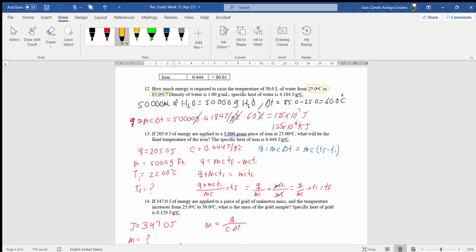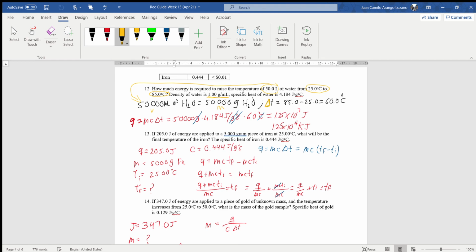So I just, in this case, change from 50 liters of water to milliliters because that's what I need. So I can use this value for the density they are giving me here. Remember that I'm just changing here from volume to mass because I need to make that change. Once I make that change, I need to know my delta T. This is supposed to be a delta.